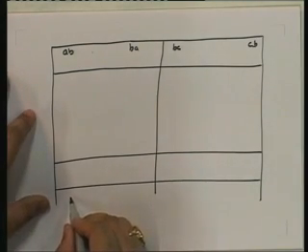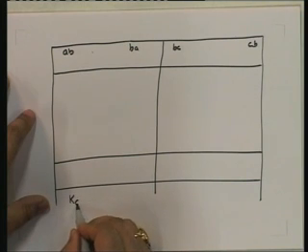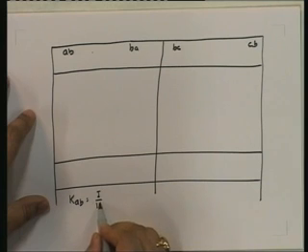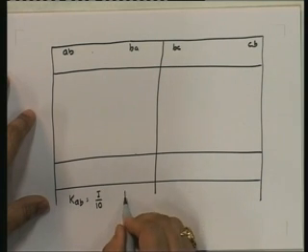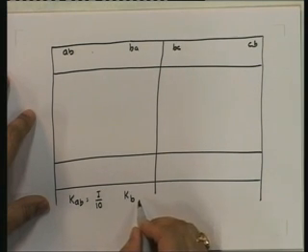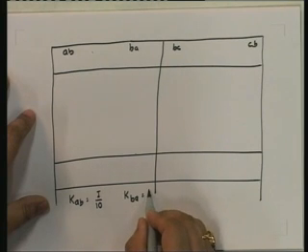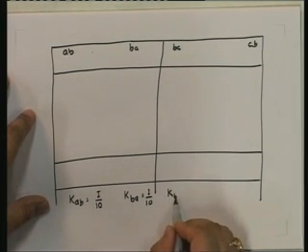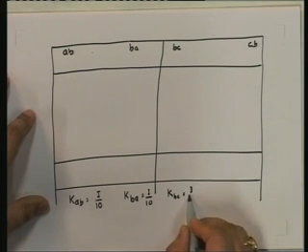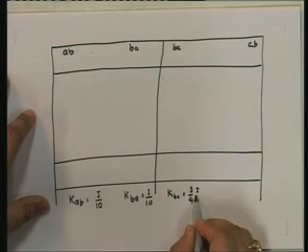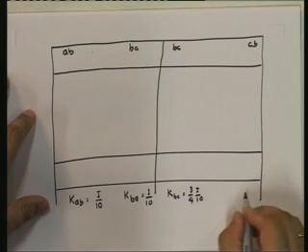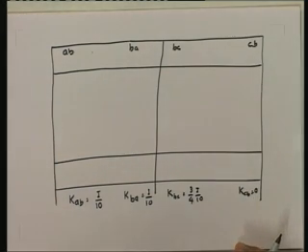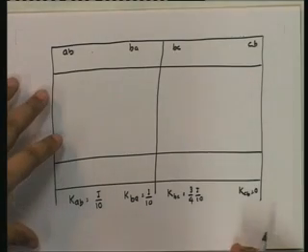What is KAB? It is equal to I by 10. What is KBA? Equal to I by 10. What is KBC equal to? 3/4 I by 10. What is KCB equal to? 0. Okay.